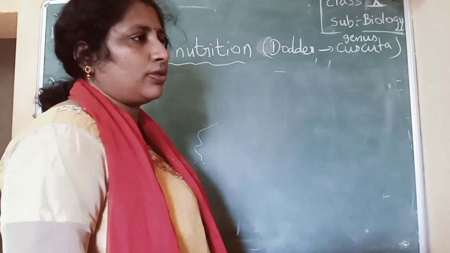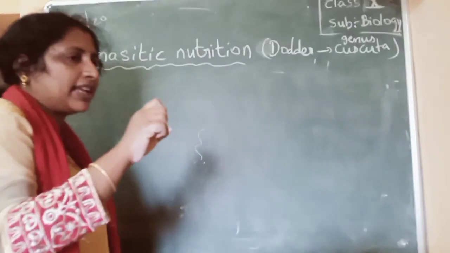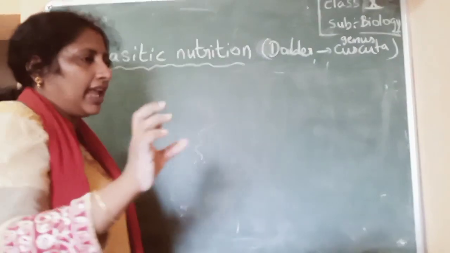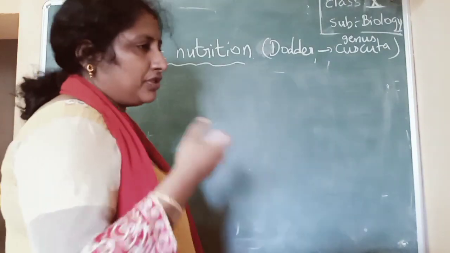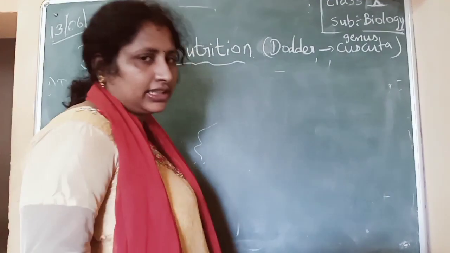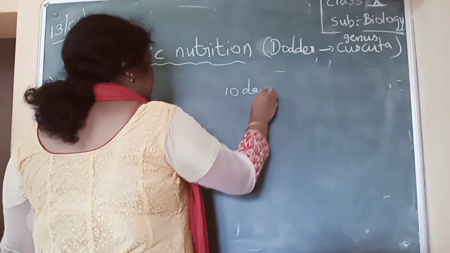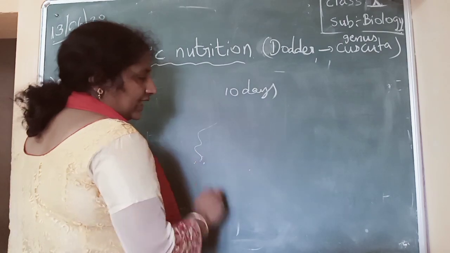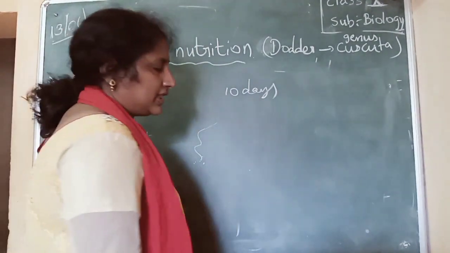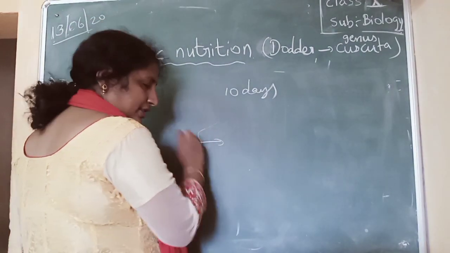Once it finds its host plant, it develops anchoring roots, holds the host plant, starts growing on it, develops its haustoria, and takes the nutrients from the host plant. Now, if within 10 days of developing the slender stem it does not find the host plant, this Cuscuta will die.